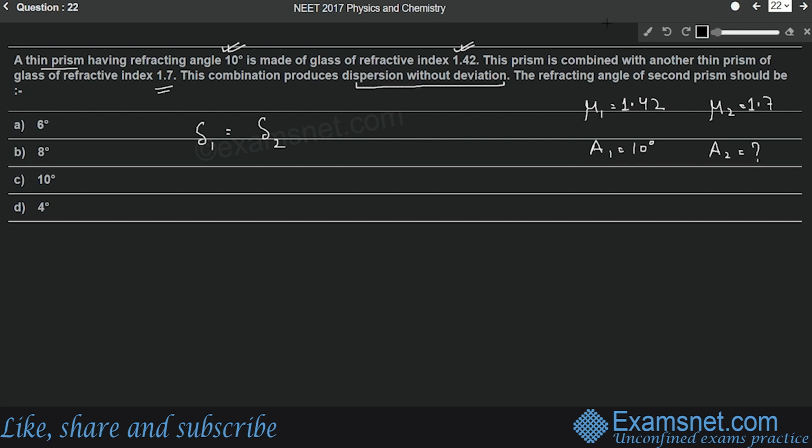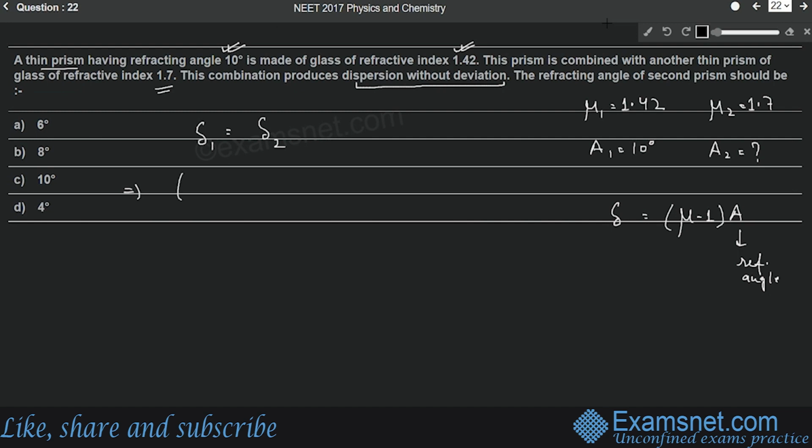Now, what is the formula for delta? Delta is equal to (mu minus 1) into A, where mu is the refractive index of the material and A is the refracting angle. So let's write the formula for delta1.